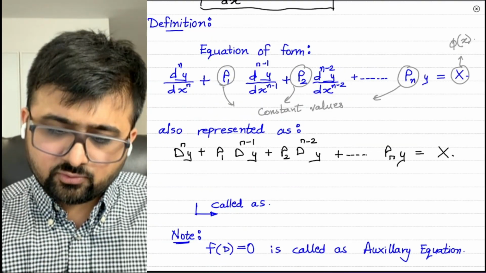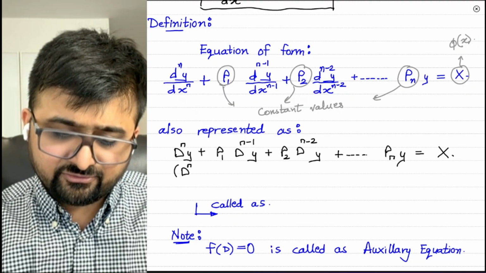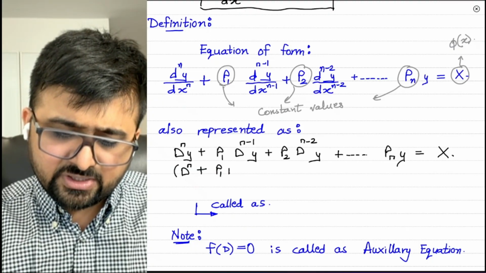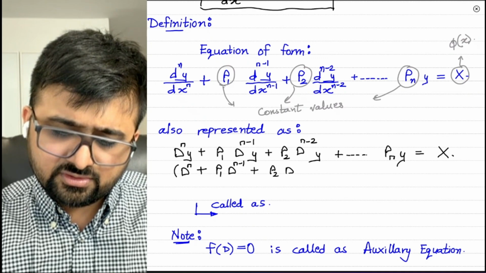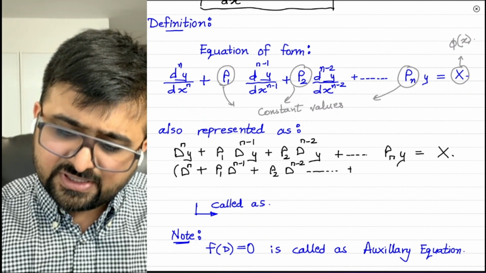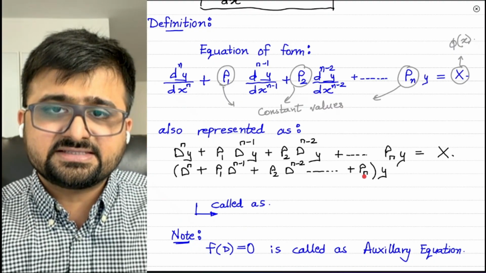If we factor out y from here, we'll have an equation in the operator D, which is D to the power n plus p1 D to the n minus 1 plus p2 D to the n minus 2 and so on, all the way up to pn, and we are factoring out y from all these values.